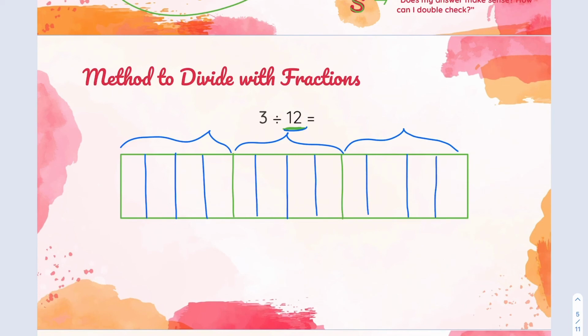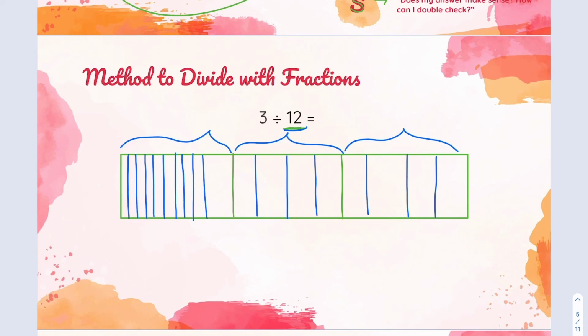And then my last step is I put 3 lines, and that gives me 1, 2, 3, 4. Oh, wait. I'm sorry, we're just going to put 2 lines in each of those boxes that we just made. And that gives me 3 in those little boxes.